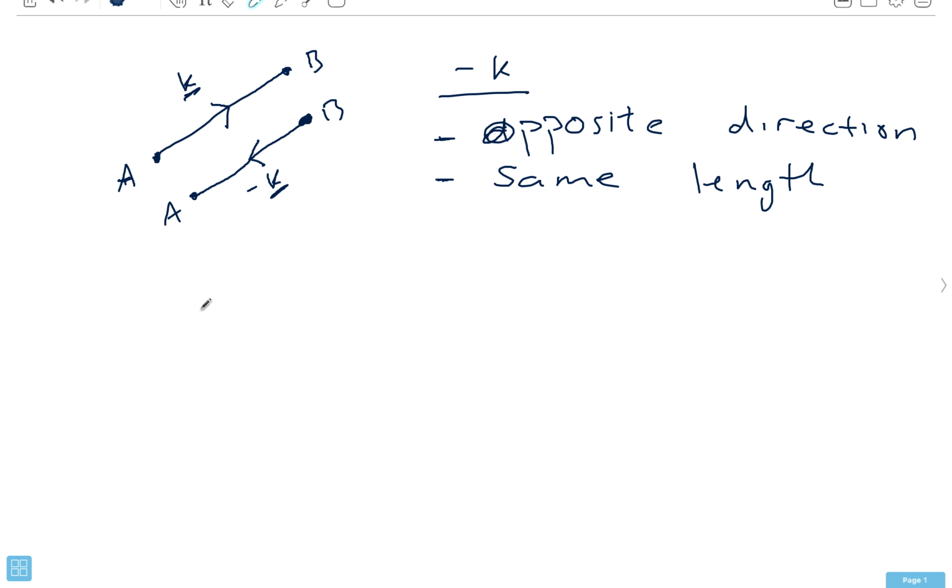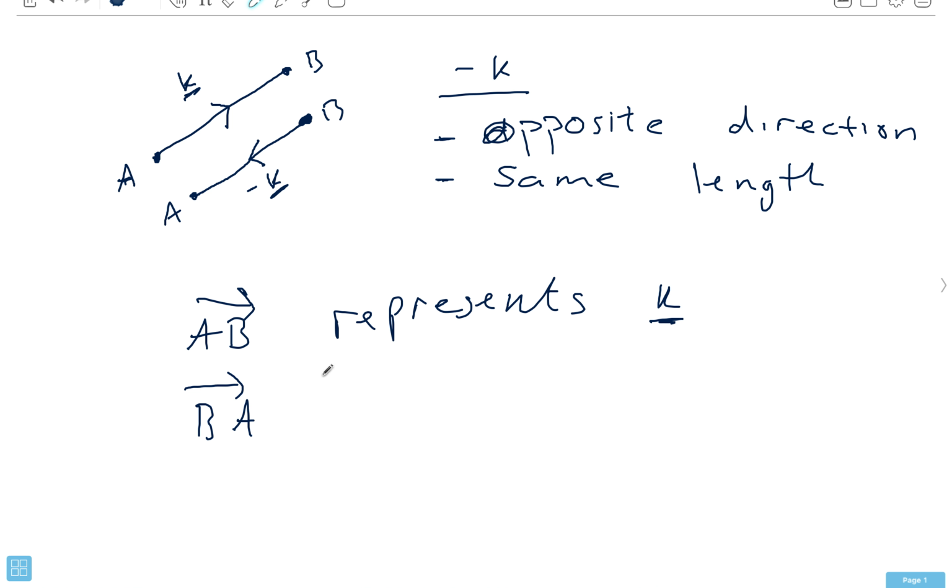So what we can draw from this is that if AB represents the free vector k, then BA represents the free vector minus k.